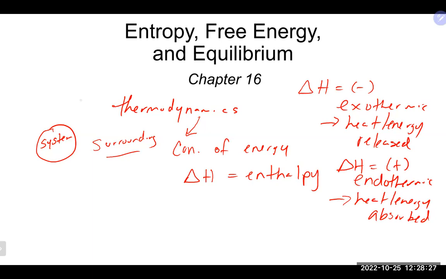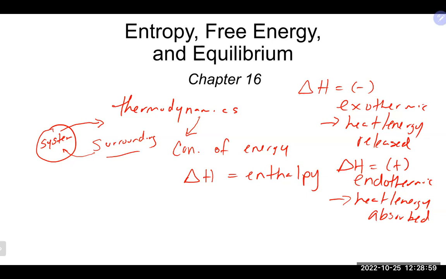So if your system gives off a certain amount of energy, then your surroundings should absorb the same amount of energy. The actual value for the energy would be the same number, but the sign would be different, indicating whether it's being lost or absorbed, and vice versa. If the surroundings release some energy to the system, then the system would pick up that exact same amount of energy.